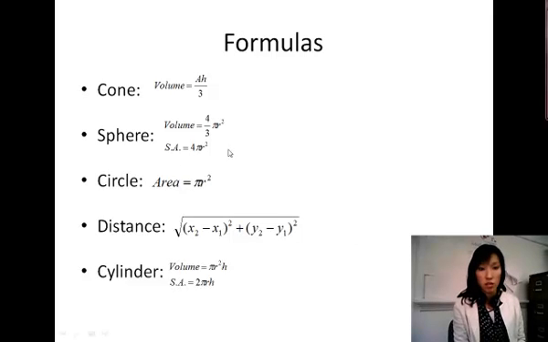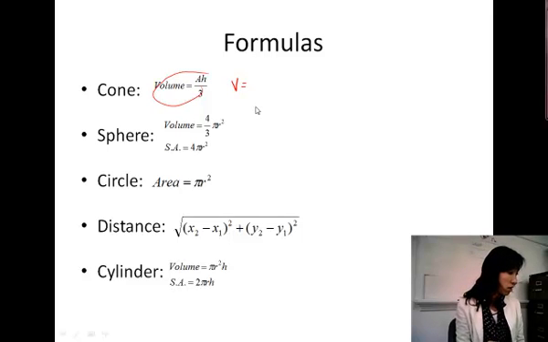So here are some formulas. All of these are on the front page of your textbook, so you can look at them there. I do have one quick modification to this one. For the cone, the volume of a cone would be V equals pi r squared h over 3.